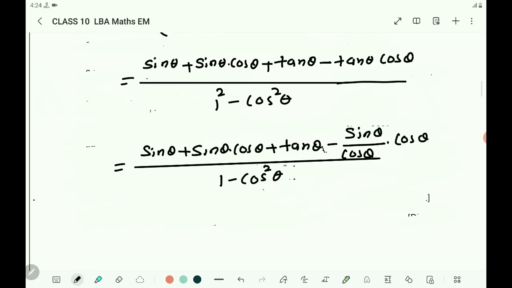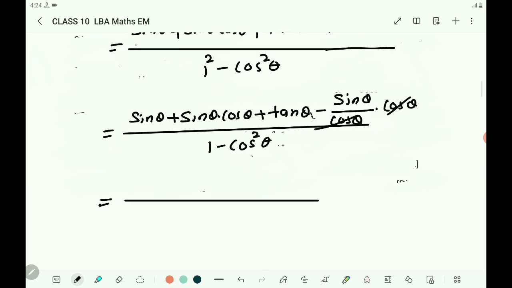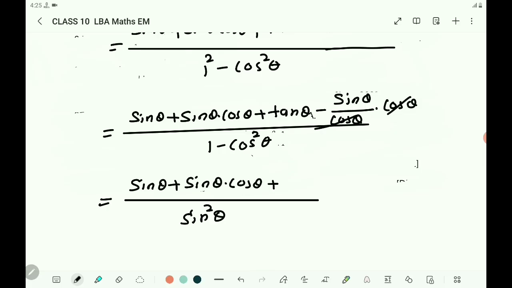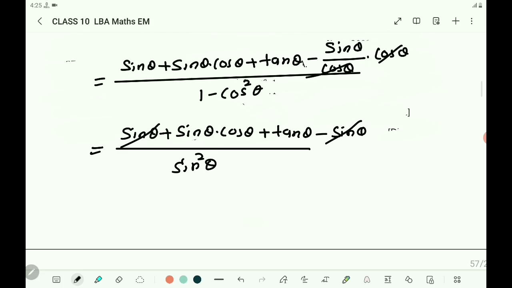Then this cos theta cancels. Then in the denominator 1 minus cos square theta is sin square theta. Then you write sin theta plus sin theta cos theta plus tan theta minus sin theta. This sin theta minus sin theta cancels.